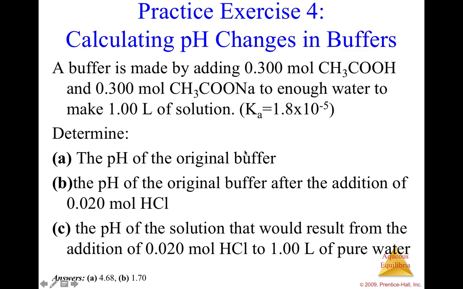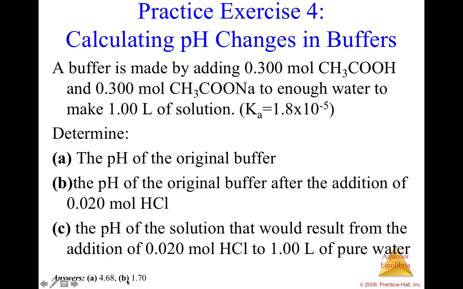This is a 3-part problem. A, the pH of the original buffer. B, the pH of the original buffer after adding acid. And then C, the pH of the solution that would result from adding the same moles of strong acid, this time to pure water. So we're going to look at the pH of the buffer plus acid, and then look at the difference in pH of adding the same amount of acid to pure water.